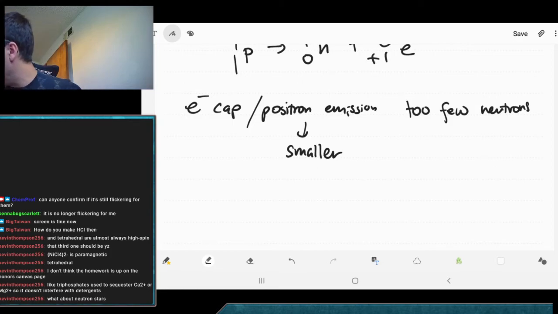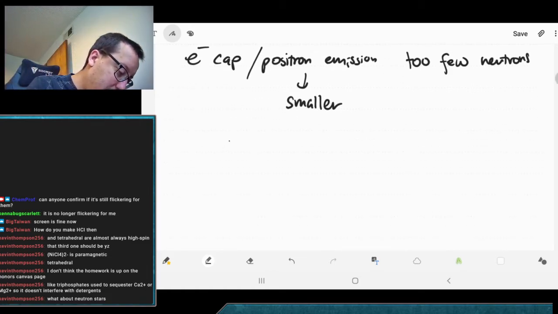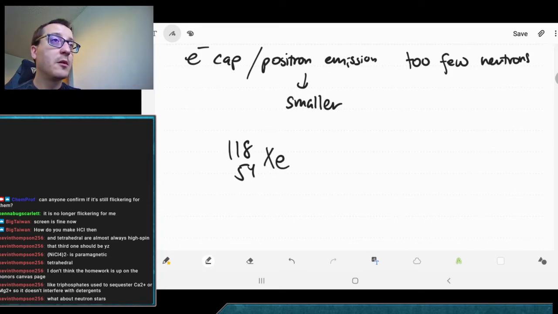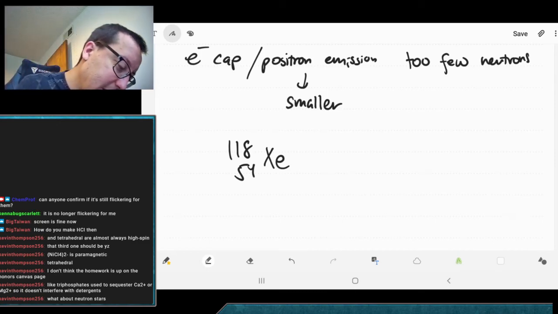Here's one with xenon. In fact, both of these processes happen for xenon. So if we want to write both electron capture and positron emission, two different equations, we can do that. Let's see what happens when this xenon nucleus undergoes these processes.